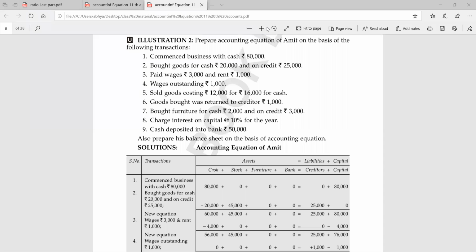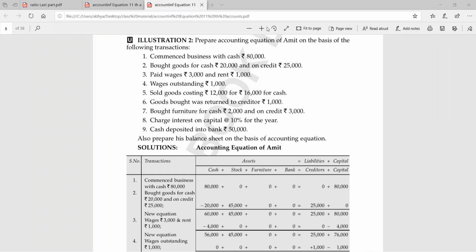Secondly, we have purchased goods in cash, so definitely cash. And the other part we have purchased on credit. Whenever we are purchasing goods on credit, then creditors are there, and whenever we are selling goods on credit, then debtors are there. So the 3 accounts here are cash, stock and creditors.